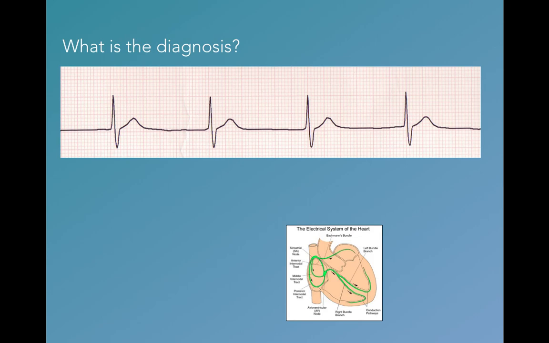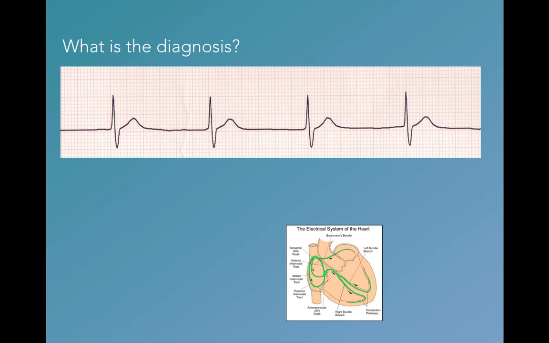Okay, so what's the diagnosis for this rhythm strip? Now, the first thing that hopefully you observe is that there's no P wave, and the rhythm appears normal. So what you would want to do is say, okay, there's no P wave, what's the QRS?